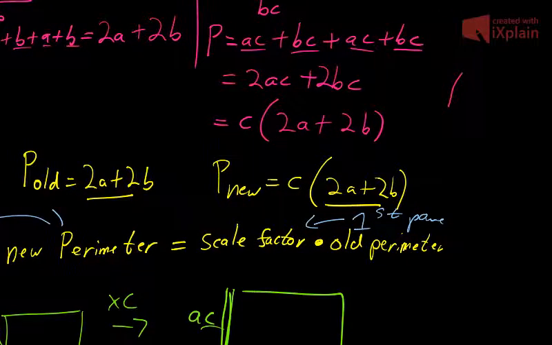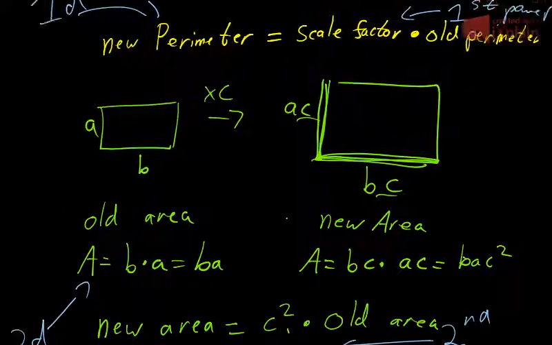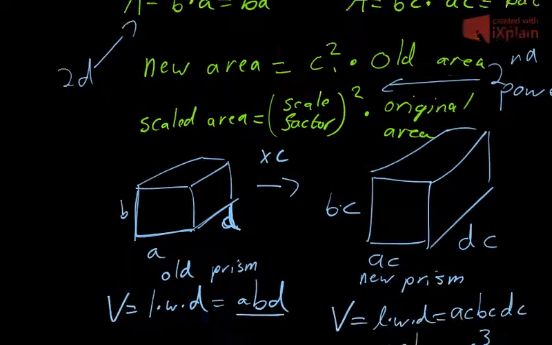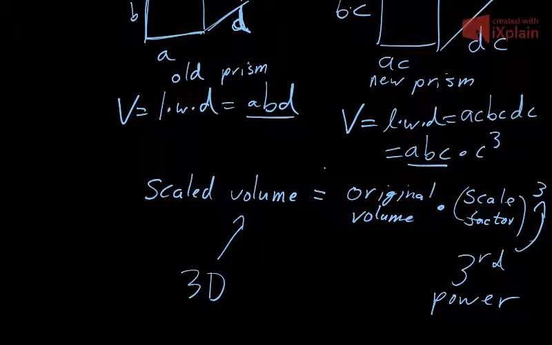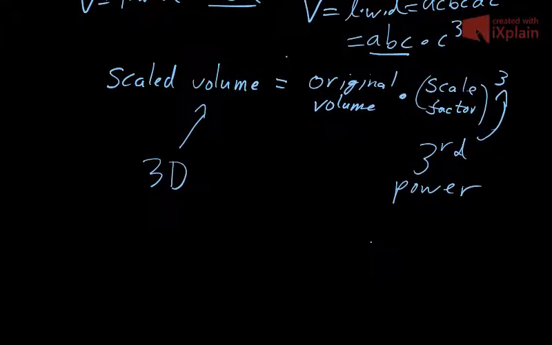There we go. So as a general rule, it goes up by a factor of the scale factor to the power of whatever dimension you're in. So volume's 3D, so it'd be to the third power, area is 2D, so it's to the second, and perimeter is 1D because it's just a length, so it'd be to the first. In any case, that's how this works.